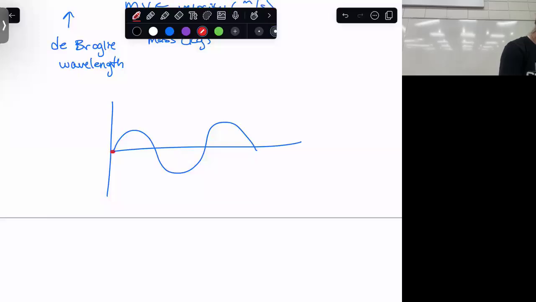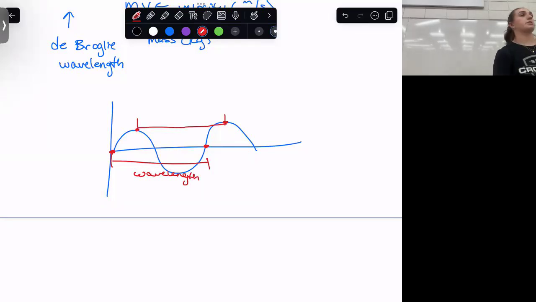So from the time it starts at the x-axis, crosses it, and then returns back to the x-axis, this is your wavelength. But between this point and this point, that's also a wavelength, and they're going to be the same. I always think it's easiest to find it when it crosses the x-axis. So that would be a wavelength.